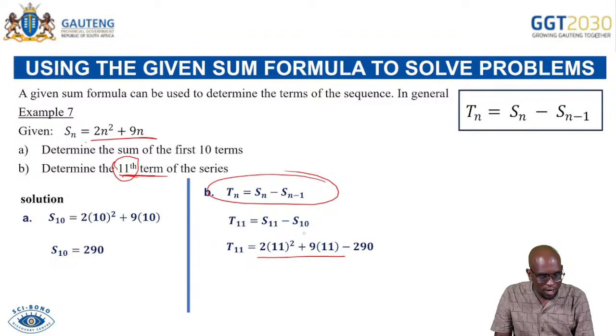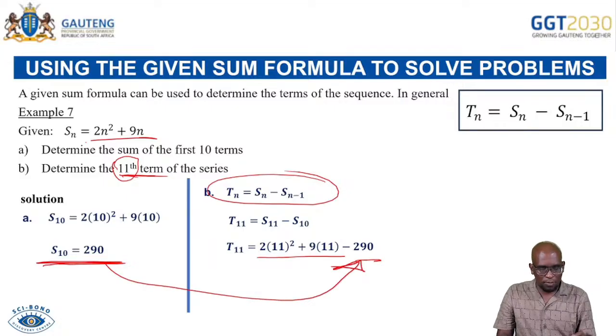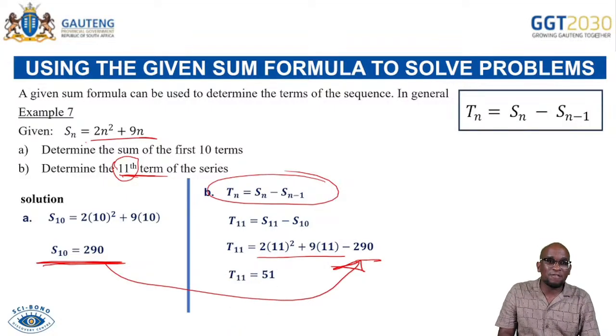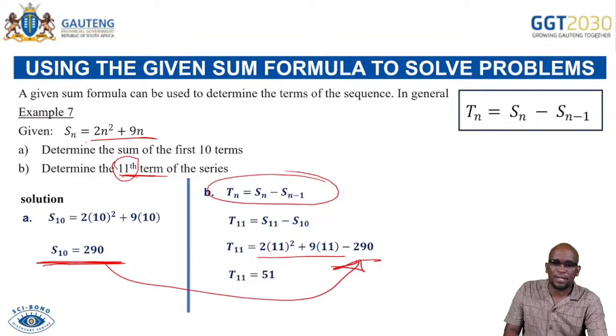We were supposed to work out S sub 10 by substituting 10, but we've already worked it out here, so we're going to just put the value there. So we get that S sub 11 would be 51. So the 11th term is equals to 51. Wonderful. So that's how you work it out. That is the application of that particular formula.